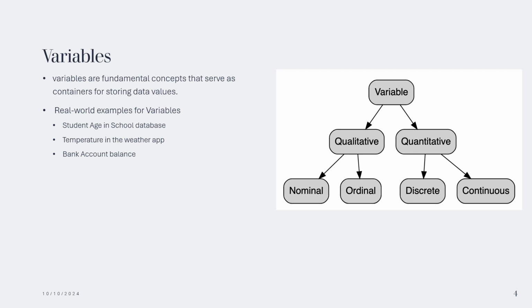The qualitative are further separated as nominal and ordinal, and the quantitative variables are further described as discrete and continuous. I will explain these things in future lessons. So these are the examples you can take for variables.